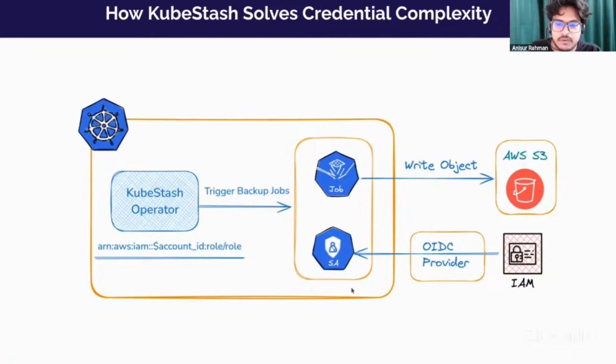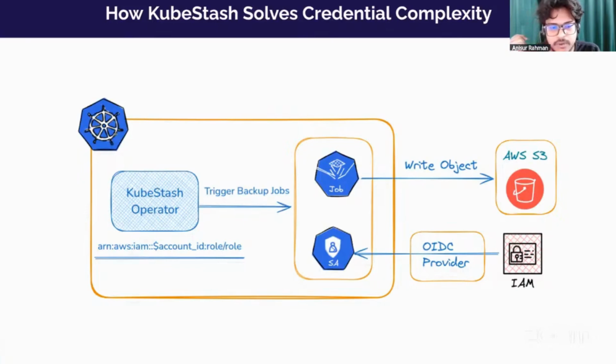Along with OIDC you have to add some policy and role with this OIDC provider, and once you add a role, every role has an ARN value. Let's consider this is an ARN value. The account ID is the account you are using to create the cluster, and the role is the role name which you attached with your OIDC provider.